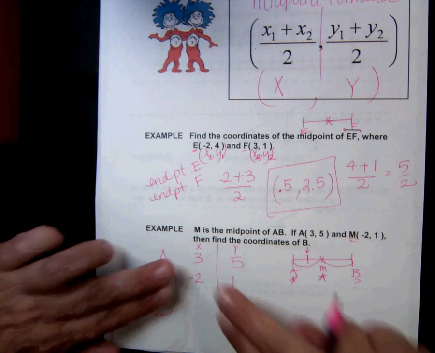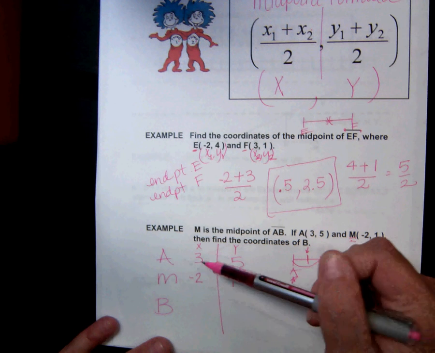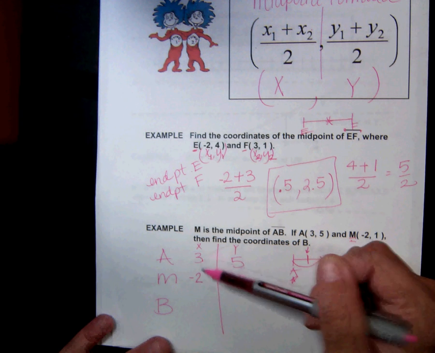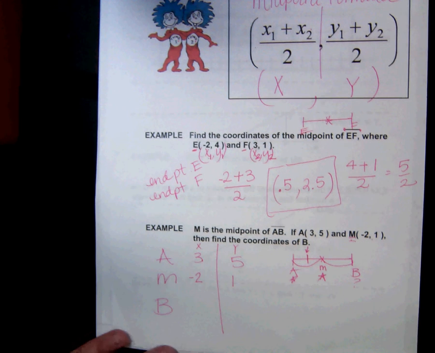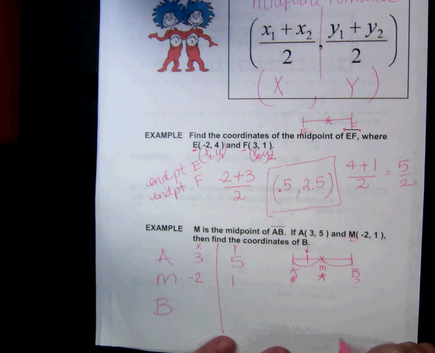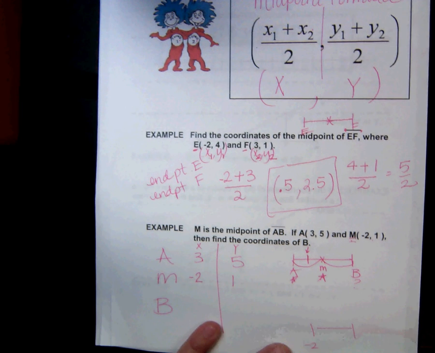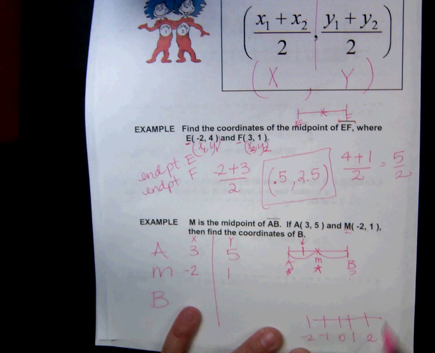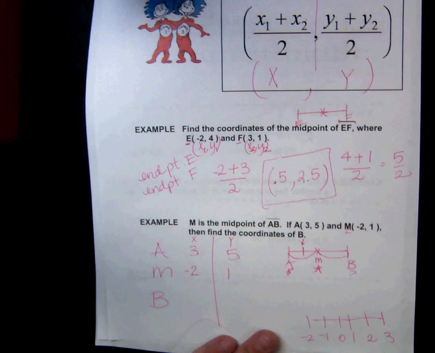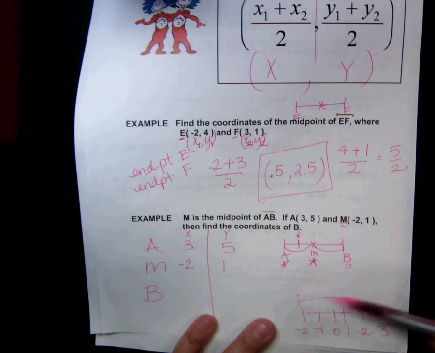Remember, they're equal distance. So if I'm at 3 and I'm going to -2, how am I getting there? You can think of a number line. This is -2, -1, 0, 1, 2, and 3. What is the distance between -2 and 3?